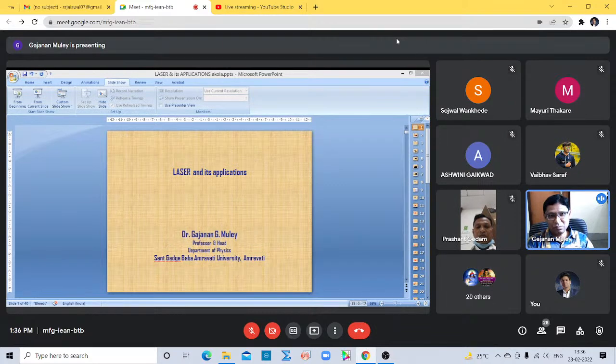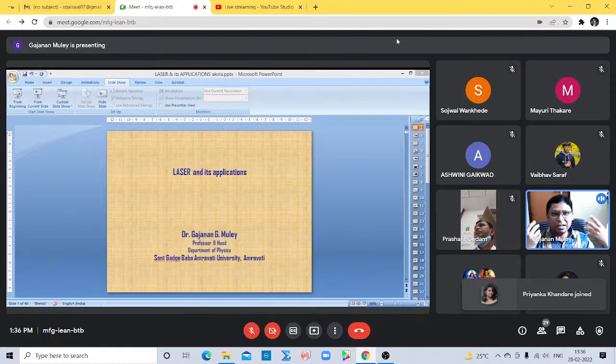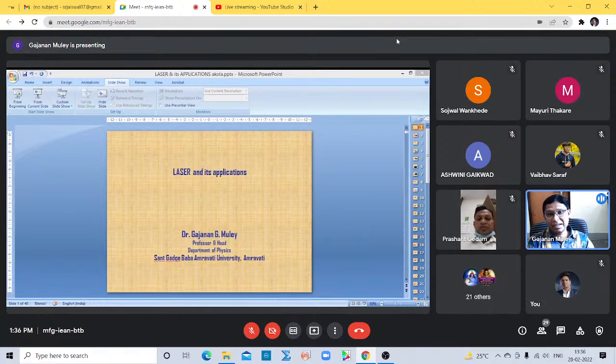The emission will be of two types. One is spontaneous emission, in which the atom instantly comes back from the excited state to the original ground state by emitting a photon spontaneously. Another kind of emission, proposed by Einstein, is stimulated emission.